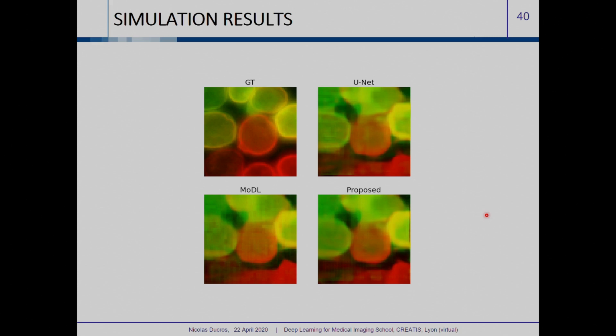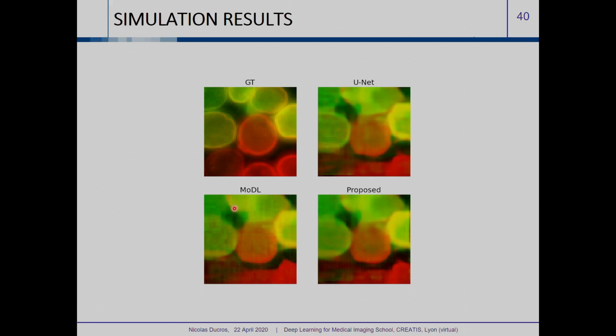Okay, let's have a look at the results. So here, simulation results. We have a ground truth image here, a reconstruction using a UNet only, no iteration, just a UNet. Here we have the so-called model network.